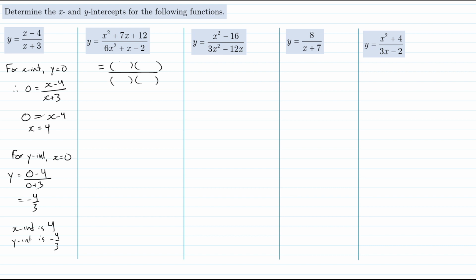So upstairs there we're going to have x plus 3 and x plus 4. And down here it looks like we'll probably have 3x and 2x there. And we will also probably have a 2 and a 1. I'm assuming that you're comfortable with factoring. And we're going to want to have 4x minus 3x. So it's going to be that.